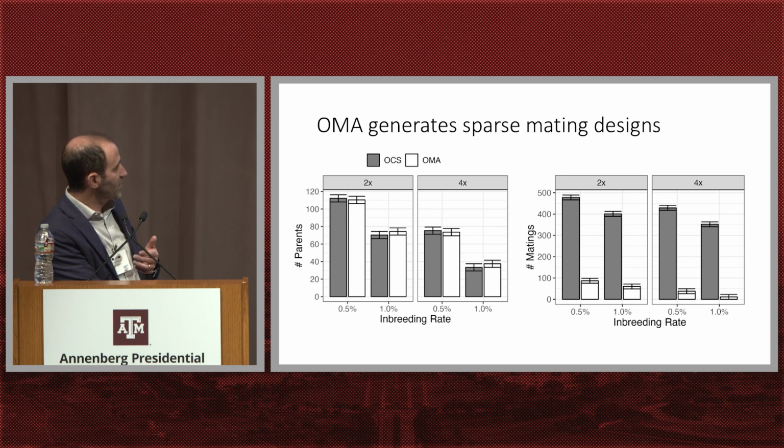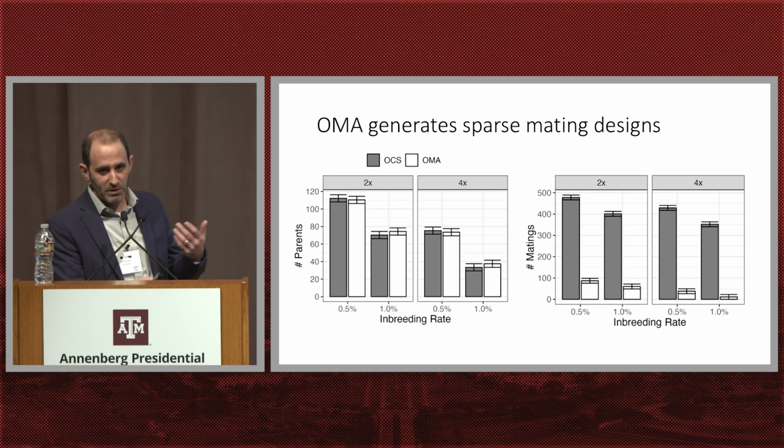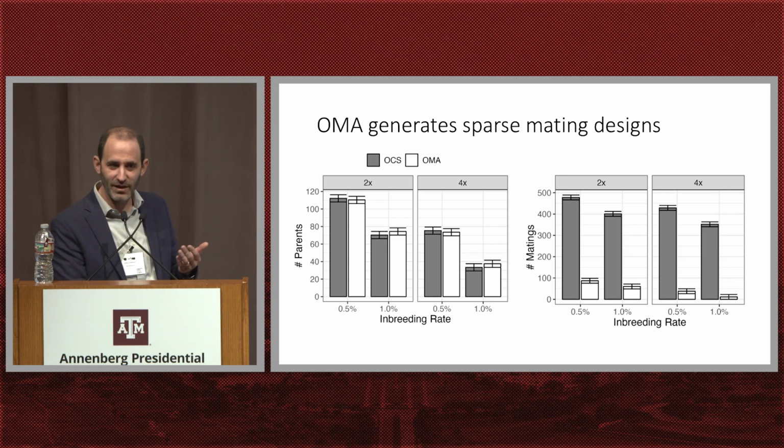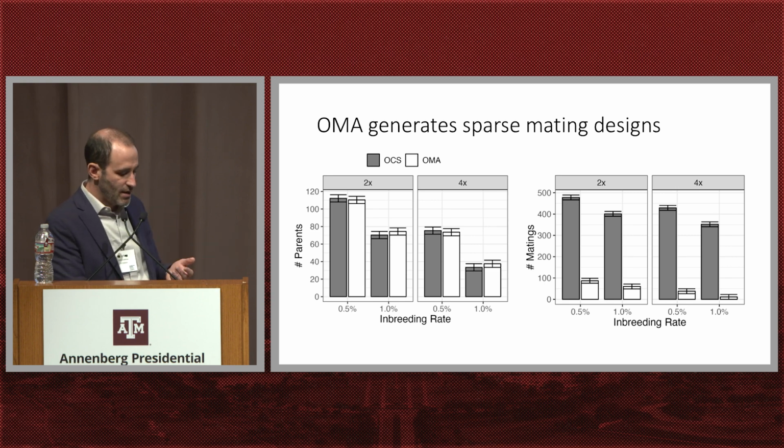But look at how different the number of matings required is, right? To do a proper OCS, you have to randomly mate your parents, and that can require hundreds of matings. If you have a crop that is nicely wind pollinated and you just plant it in a field and it open pollinates, that's not a problem. If you're hand pollinating, like in potato, and making all those crosses, that's a significant logistical constraint.